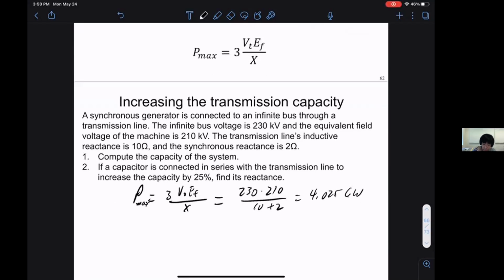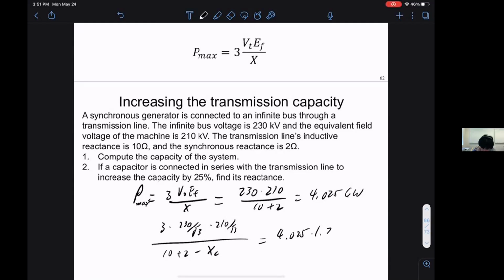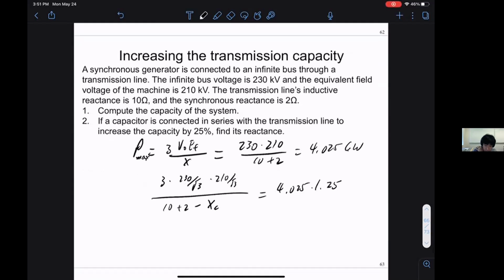If I want to increase this by 25%, then basically I need 3 times 230 over root 3 times 210 over root 3, over 10 plus 2 subtract XC, equals 4.025 times 1.25. Thus, I get XC as 2.4 ohms.